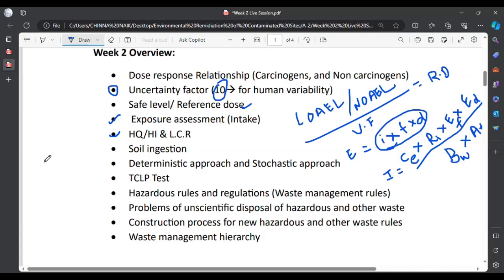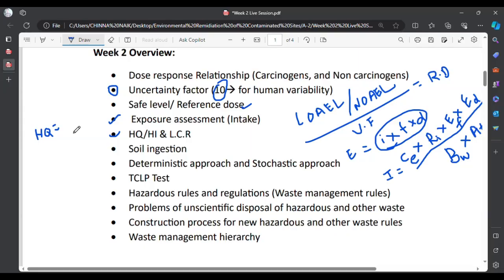Okay, so how will we calculate hazard quotient? Generally hazard coefficient or hazard index we use for non-carcinogens, and lifetime cancer risk for carcinogens.